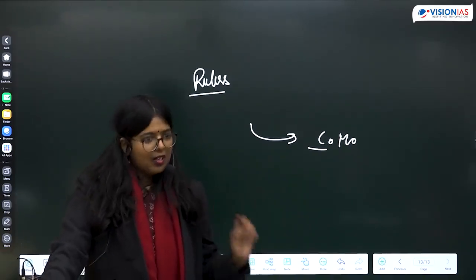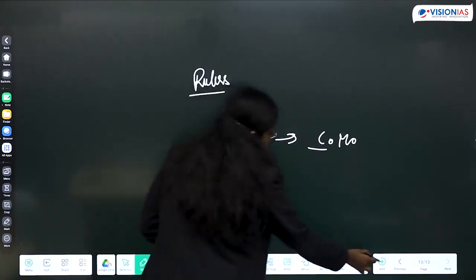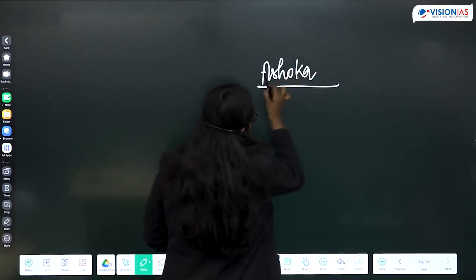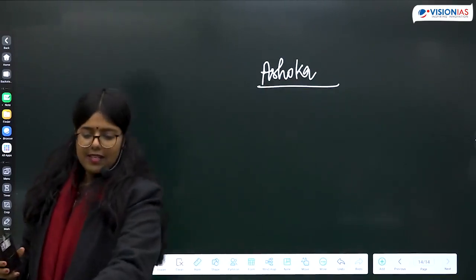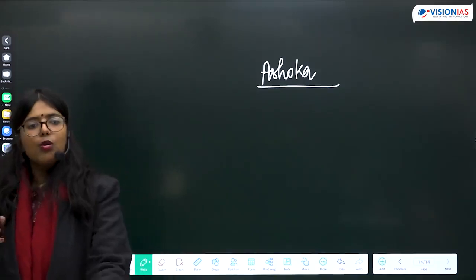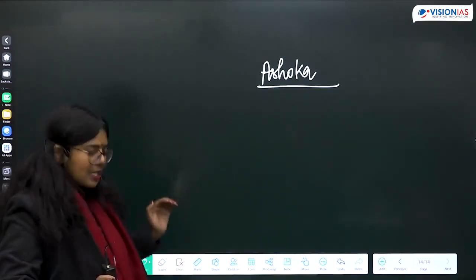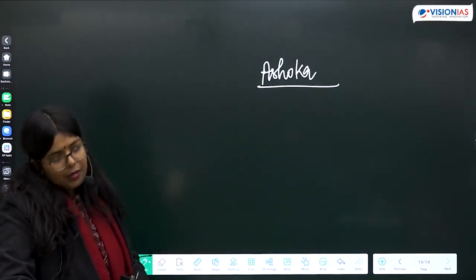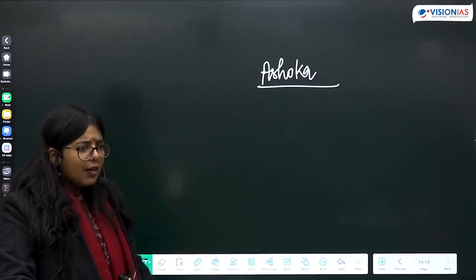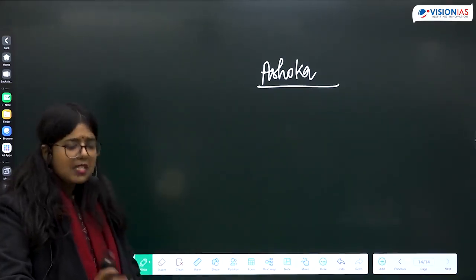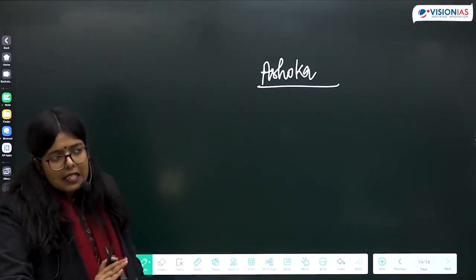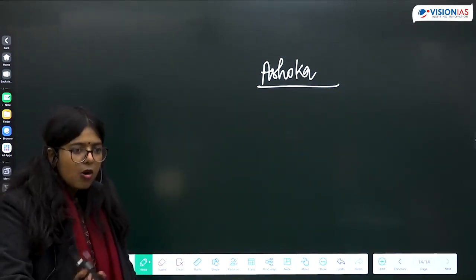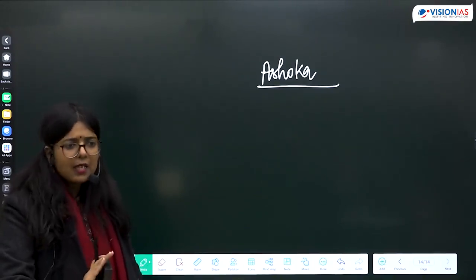Now let's come to the important personality from the Mauryan Empire, also from the examination perspective, Ashok. The personality of Ashok is very important. Ashok is the successor of Bindusar. Now, when we talk about him, the majority of our information comes from his inscriptions only, because he is somebody who inscribed a lot of inscriptions on rocks as well as pillars.